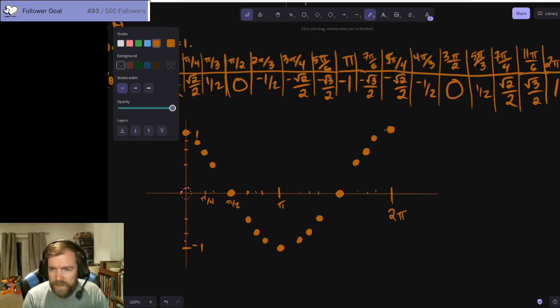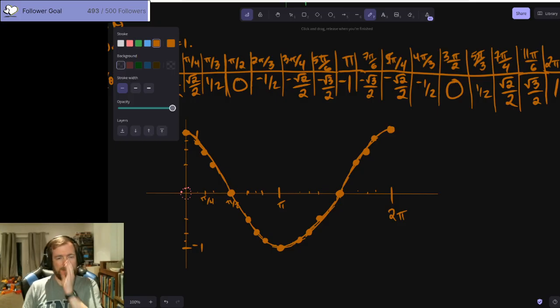Give or take. Look, it's not perfect. It's not exact science. Right? That's what we got. So it's going to look something like this.